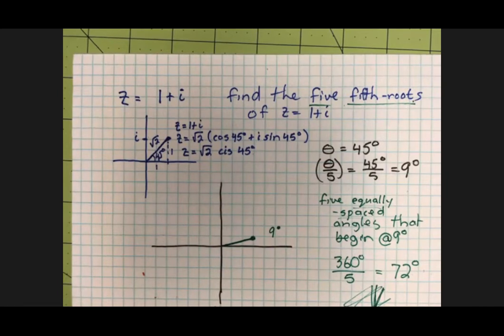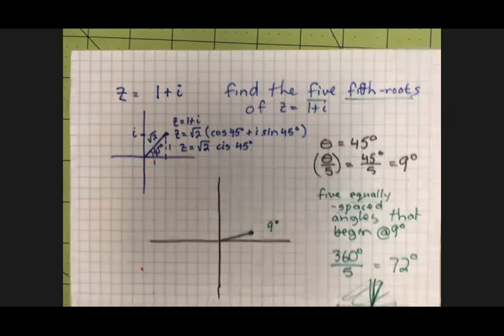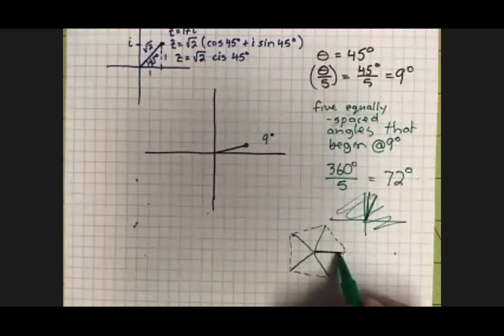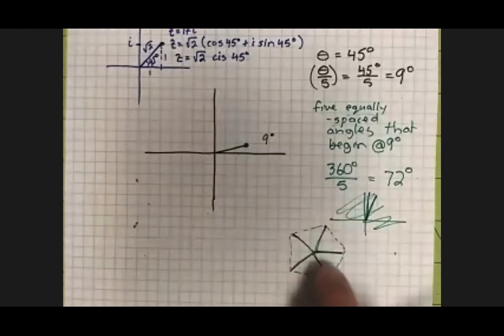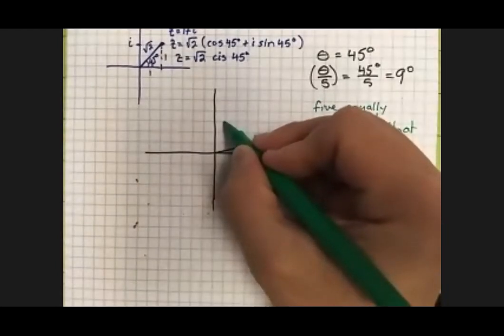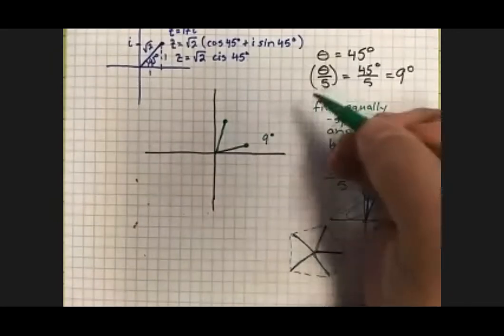Let me try to draw a pentagon. A pentagon is a figure that has five equal sides. I don't think I drew that perfectly, but here's a figure that has five equal sides. I want to space five angles out starting at 9, and they should have equal sides. So I'm going to do 81. I don't think I'm going to do this beautifully, but I'll do the best I can. Pictures are much nicer in the book.